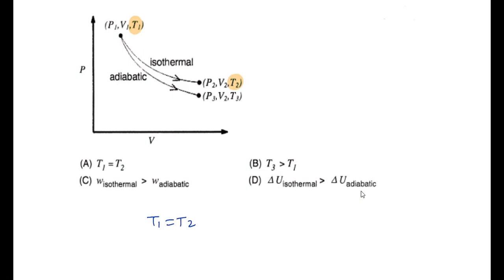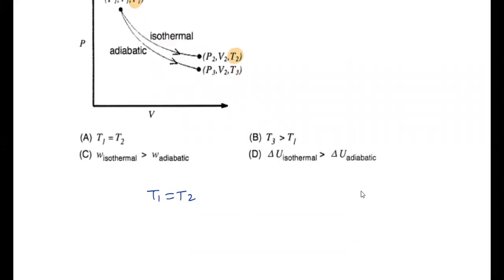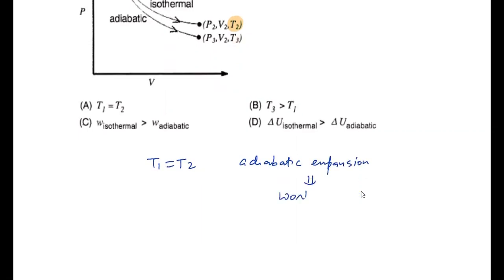Second possibility is that from another path we are going with the adiabatic process. So you can see this is adiabatic expansion. Adiabatic expansion means work done by the system, so it will be at the cost of internal energy. And you know in an adiabatic process we are not supplying any heat.